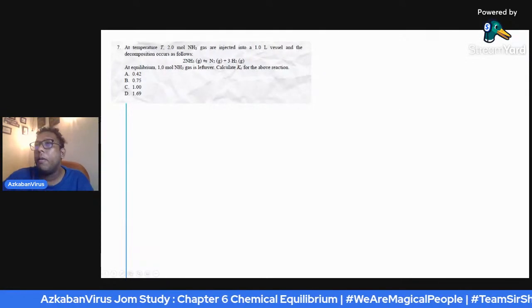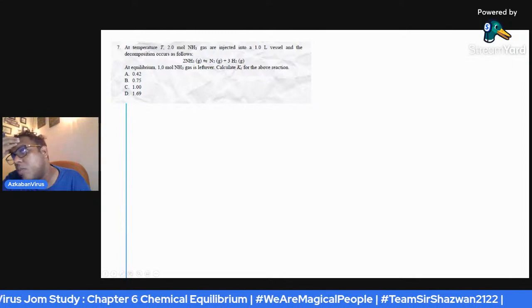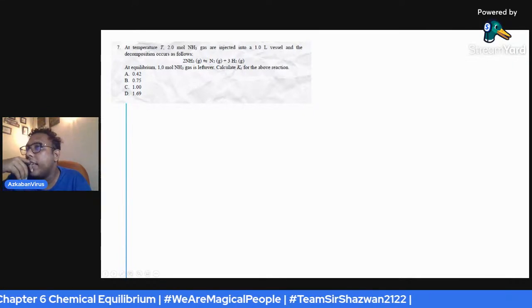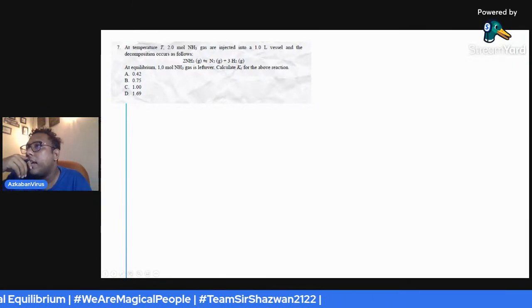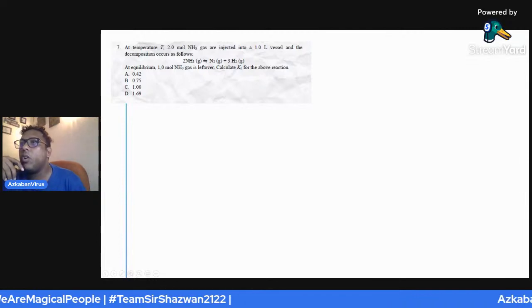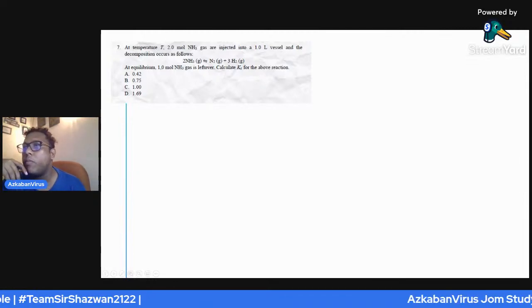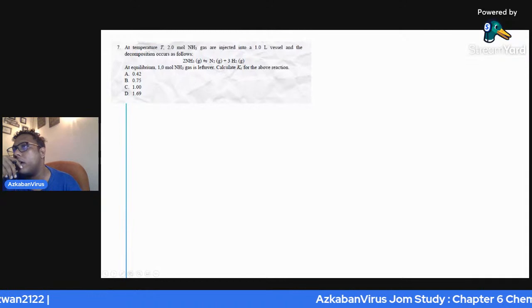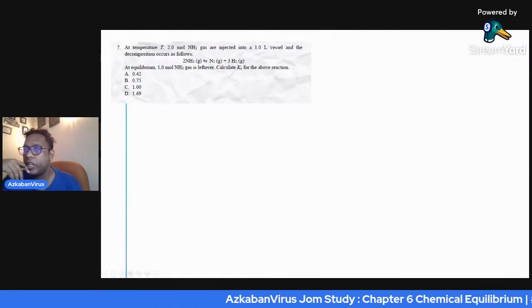Next one. At temperature T, 2 mole of ammonia was injected into a 1 liter vessel and the decomposition occurs as follows. At equilibrium, 1 mole of ammonia is left over. Calculate Kc for this reaction.